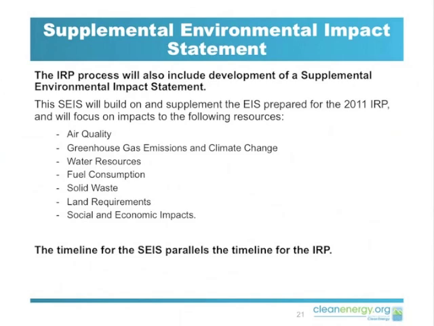And the things that TVA has indicated during their public scoping meetings they will be analyzing along with the IRP are air quality, greenhouse gas emissions, water resources, fuel consumption, solid waste, land requirements, and social and economic impacts.